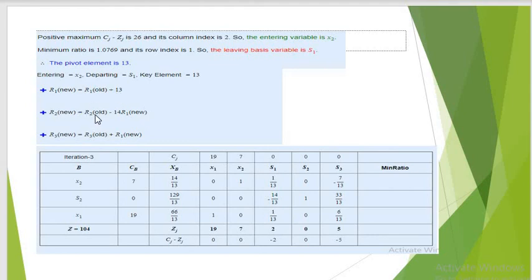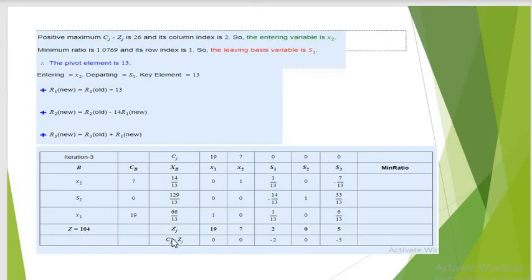Then new R2 equal to old R2 minus 14 into new R1, and new R3 equal to old R3 plus new R1. So the new table becomes: the basic variables are x2, s2, x1, and the corresponding coefficients in the objective function are 7, 0, 19. Then all other elements in the remaining columns we will get from the previous row operations.